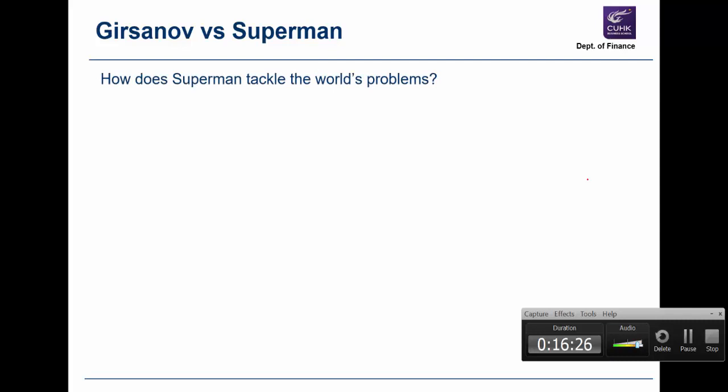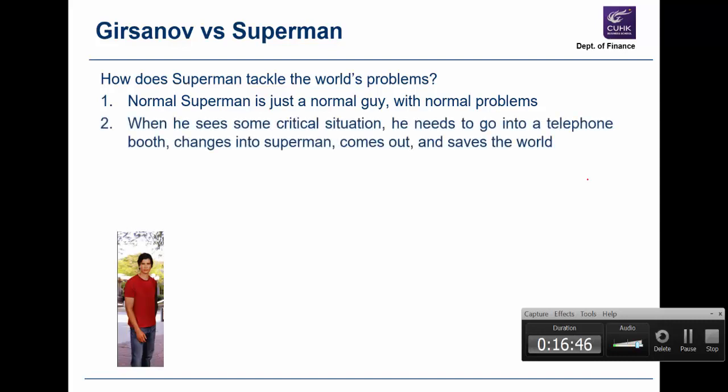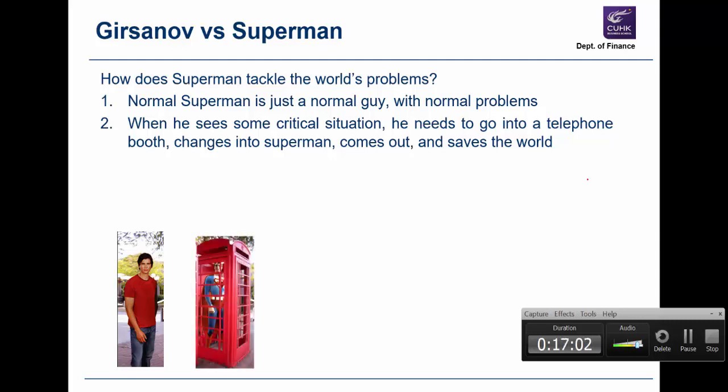Now, how does Superman tackle problems in the world? Normally Superman is just a normal guy with normal problems, everyday personal problems. So he's just a guy like you and me. When there are some situations that he needs to deal with, you've all seen Superman, right? He goes into a telephone box and changes into Superman.